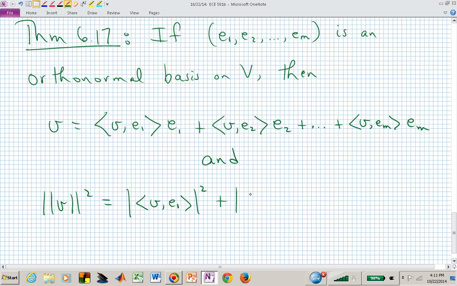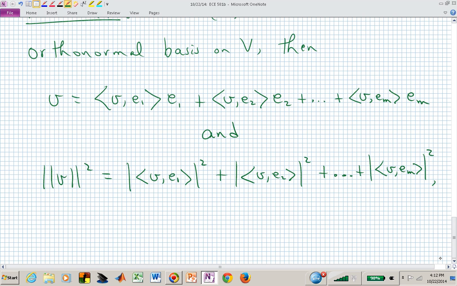Add to that the coefficient or the weighting of the E2 vector, take its absolute value and square that. And this parameterization and norm property is true for every vector V, little v, in the vector space capital V.